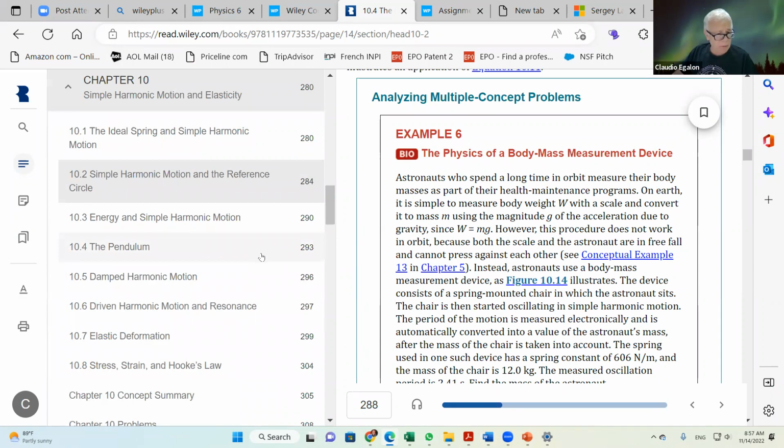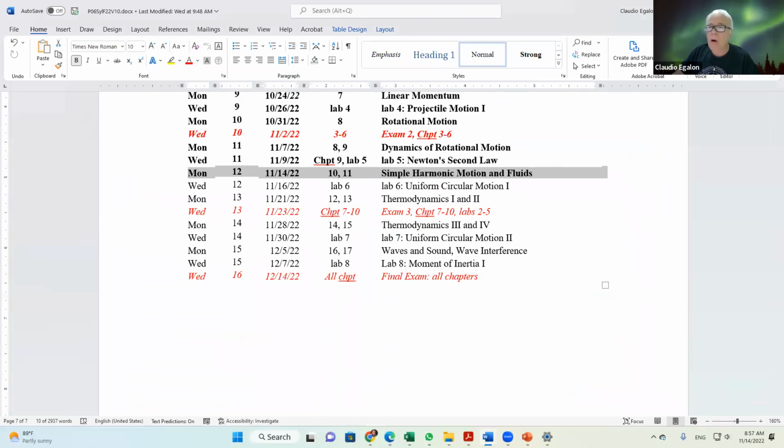We're not going to cover everything here, okay? We're only going to cover 10.1, 10.2, 10.3, and 10.4. Everything else I consider more advanced stuff, material for a more advanced course. On top of that, we don't have time to cover everything. So let's stick to 10.1, 10.2, 3, and 4.